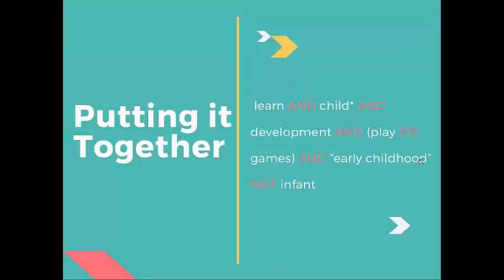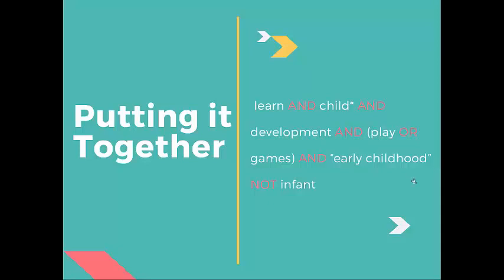So then you can put them all together and connect your keywords using these different tools to make phrases that are specific and relevant to your search. One aspect I didn't talk about are those quotation marks. Those quotation marks can be used around phrases so you get those words back together within a phrase.